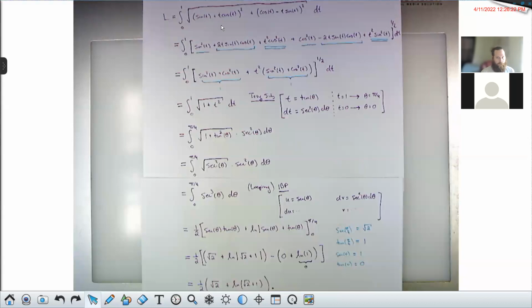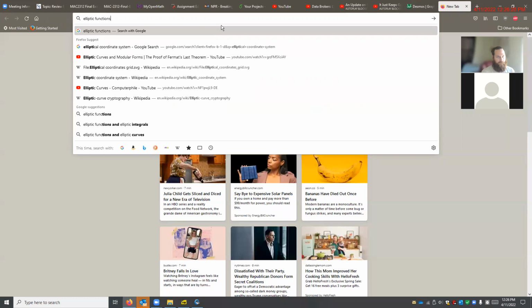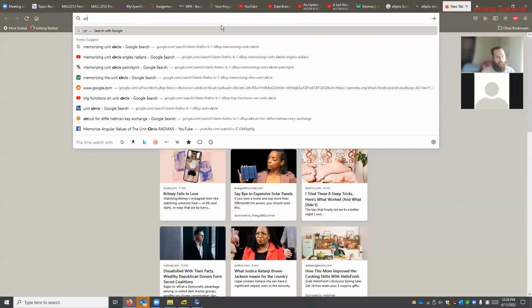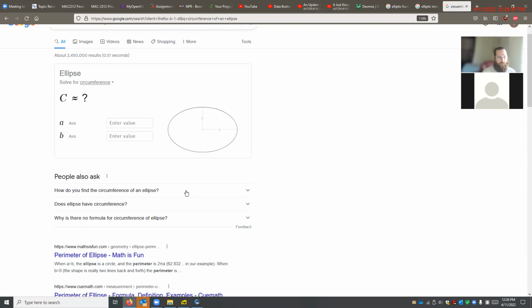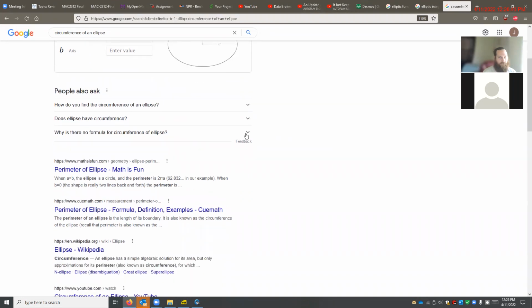And it actually started a whole new branch of mathematics called the study of elliptic functions. So the circumference or perimeter of an ellipse, you can approximate it, but you cannot find it exactly.